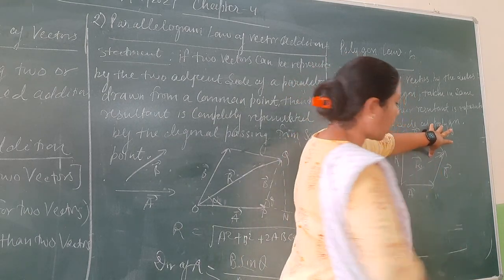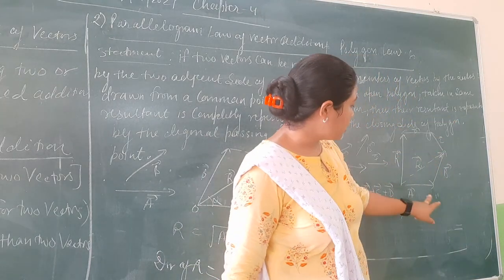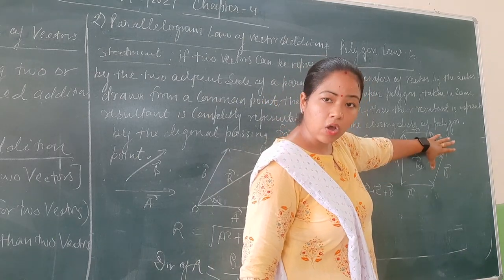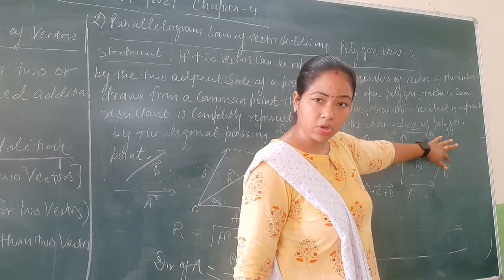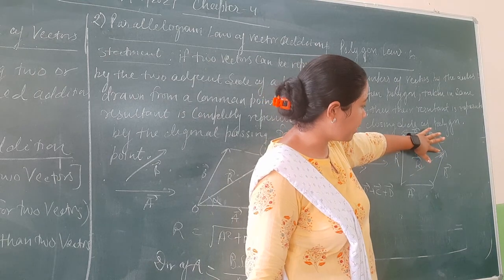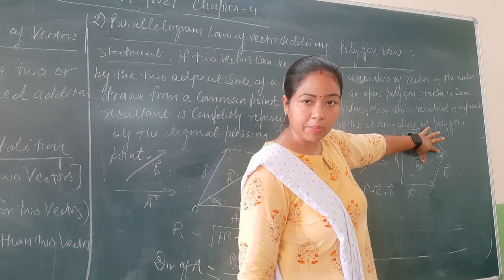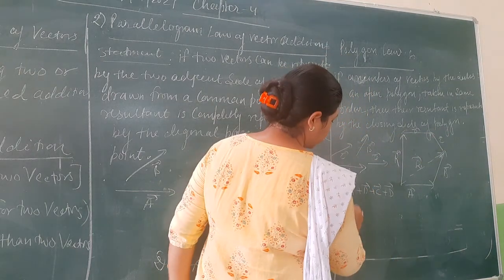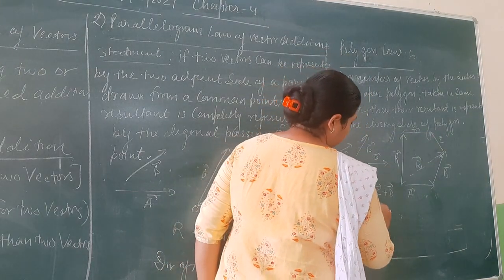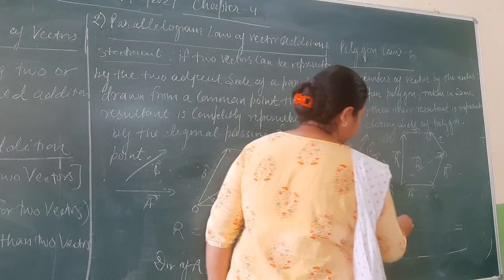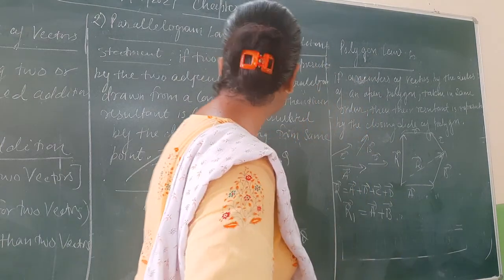This will be taken as R1. Now we'll apply the triangular law. A and B are in the same order, so the third side will represent the resultant of these two vectors taken in the same order. So R1 will be equal to vector A plus vector B, right?